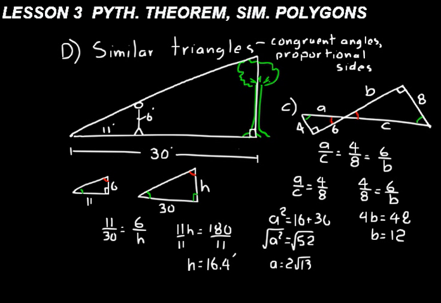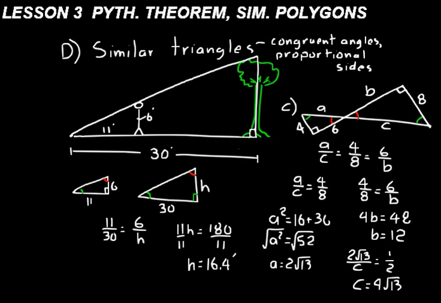Now let's solve for C. 2 times the square root of 13 over C equals 4 over 8. Let's simplify that to 1 over 2. And so we end up with C equals 4 times the square root of 13.